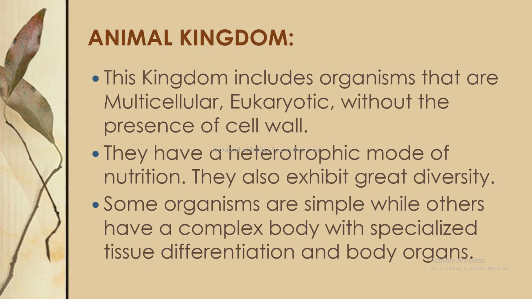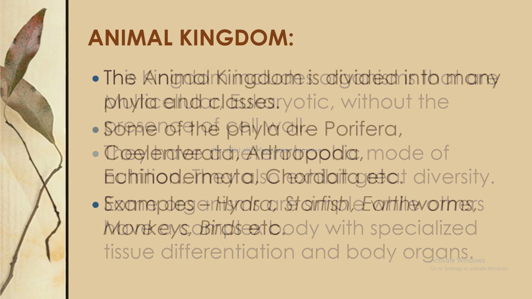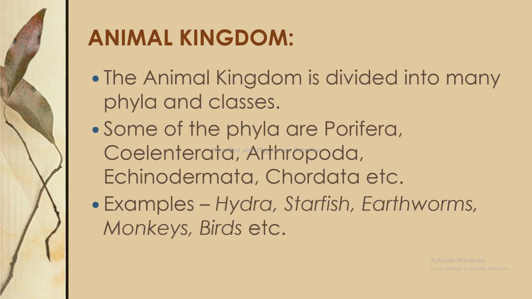This kingdom includes organisms that are multicellular, eukaryotic, without the presence of a cell wall. They have a heterotrophic mode of nutrition. They also exhibit great diversity. Some organisms are simple, while others have a complex body with specialized tissue differentiation and body organs. The animal kingdom is divided into many phyla and classes.